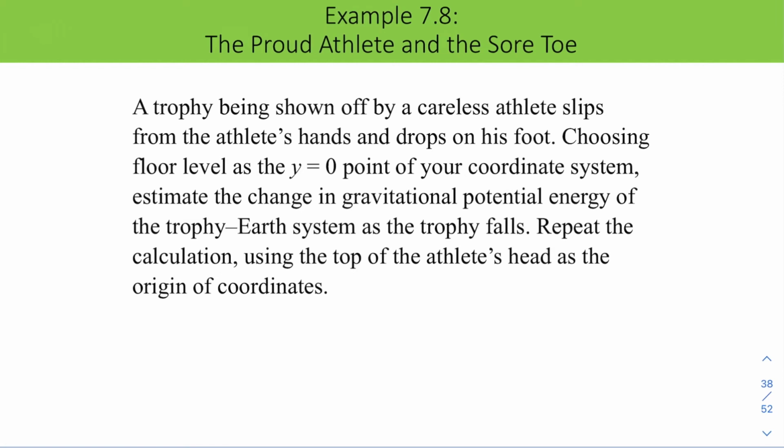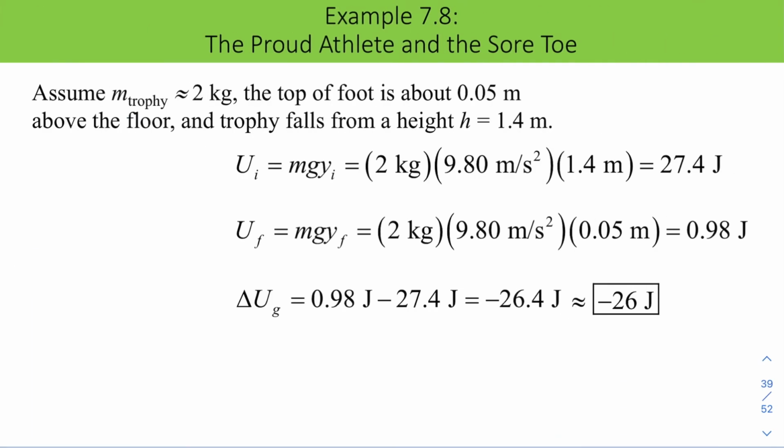Choosing floor level as the y equals 0 point of your coordinate system, estimate the change in gravitational potential energy of the trophy-Earth system as the trophy falls. Repeat the calculation using the top of the athlete's head as the origin of the coordinates. In this example, we want to show you that regardless of which point we refer to, the change in energy is still the same.